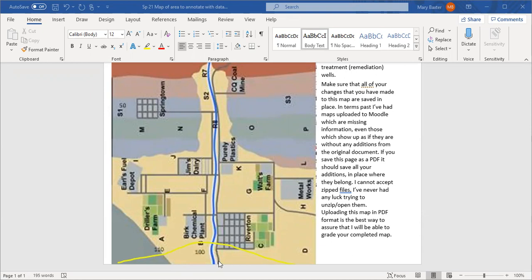The rest of them were higher than that. So once you get all these numbers on A through P put on here, then you're going to draw contour lines. And this is like if you were to make a topographic map of the Earth's surface, but instead, your contour lines are for the elevation of the water table.